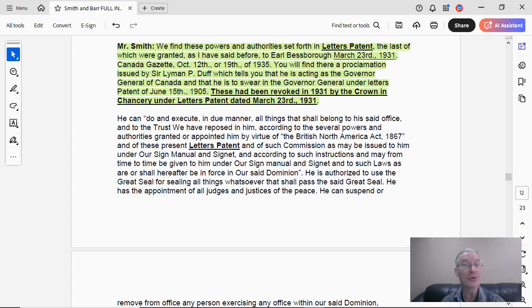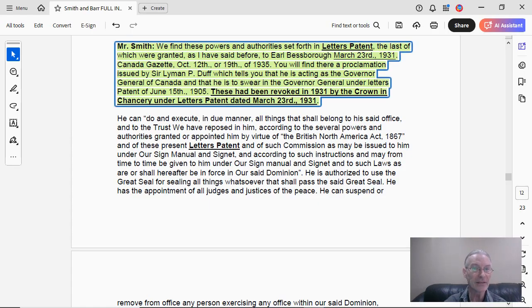Canada Gazette, October 12th or 19th, 1935, you will find there a proclamation issued by Sir Lyman P. Duff, which tells you that he is acting as the Governor General of Canada and that he is to swear in the Governor General under letters patent of June 15th, 1905. These had been revoked in 1931 by the Crown and Chancery under letters patent dated March 23rd, 1931.